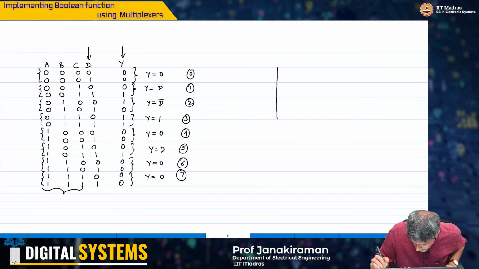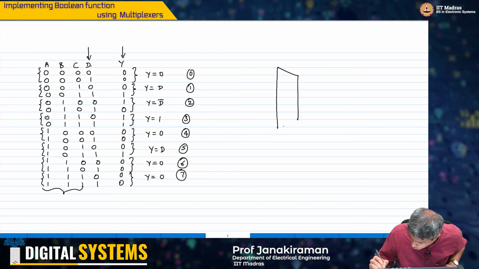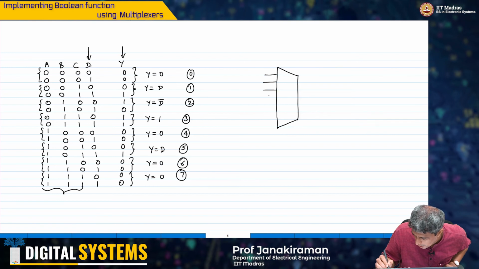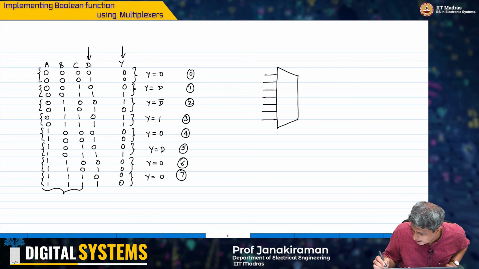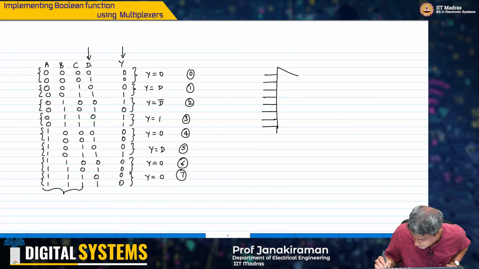So if you see this implementation, I would simply have to draw this: 1, 2, 3, 4, 5, 6, 7, and I will use this 8.